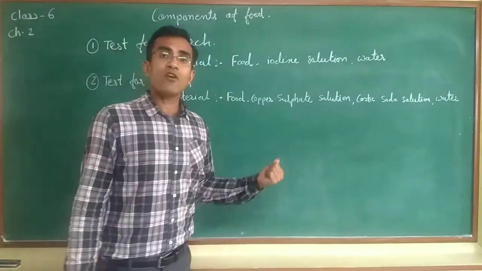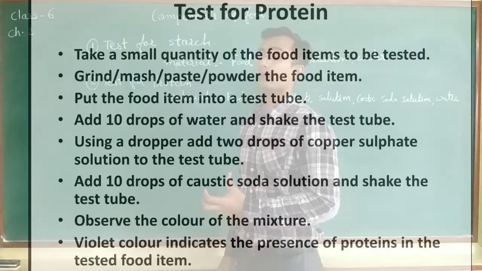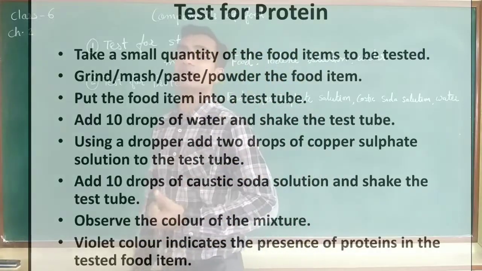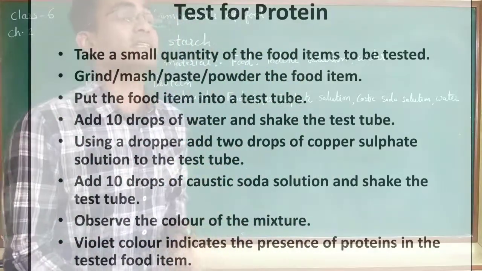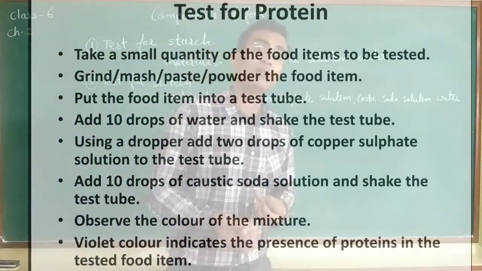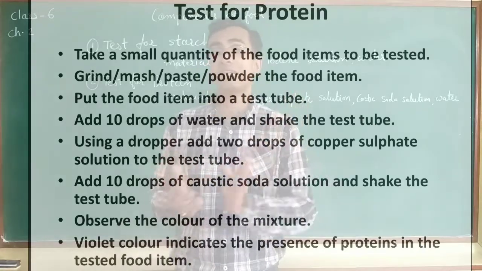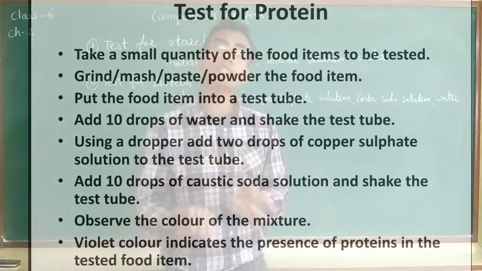To perform the experiment for protein analysis, to find out the presence of protein in the food, whether the food is rich in carbohydrate or rich in protein, what we have done is we have taken different samples.